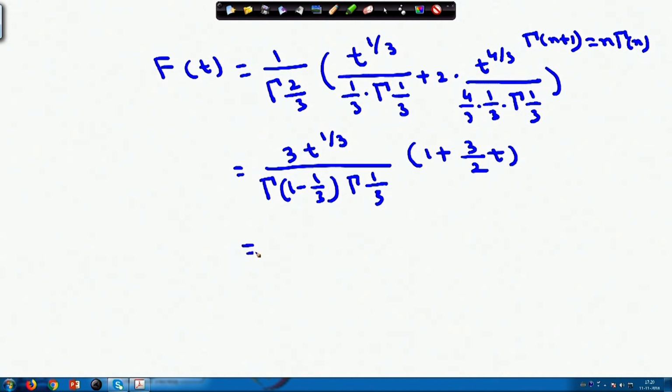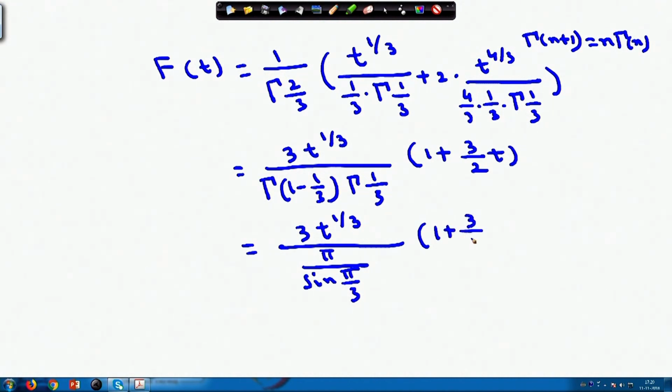And this again I can write as 3 t to the power 1/3 into, using gamma n into gamma (1 minus n) equals pi by sin n pi, pi by sin pi by 3. I can substitute the value of sin pi by 3. This portion will remain as it is, 1 plus 3 by 2 into t.